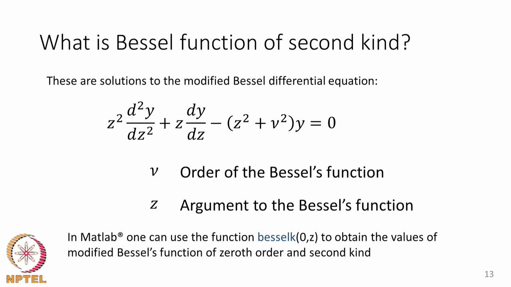And Z is the argument that we are giving to the Bessel's function, and the value y which satisfies this equation is what we are taking as the Bessel's function that we need for the solution. And one can actually use a function called Bessel K, which is available in the MATLAB library, to plot this particular Bessel's function as a numerical value to estimate what would be the solution.